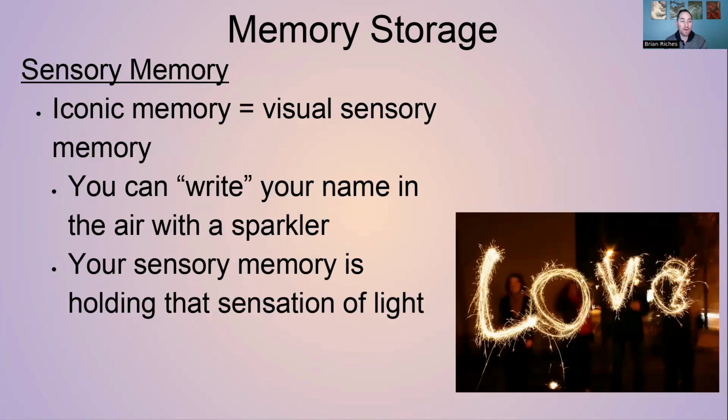So the idea of iconic memory is your visual sensory memory. It's the reason you can write your name or draw a circle really quickly with a sparkler in the air, because your sensory memory still has that sensation of light that it's still sending actively to your brain. So that's what a sensory memory is. It is those cells still sending that information to your brain so you can pick it up, work with it in your prefrontal cortex, your working memory, the other memory systems like the hippocampus and other areas of your brain.